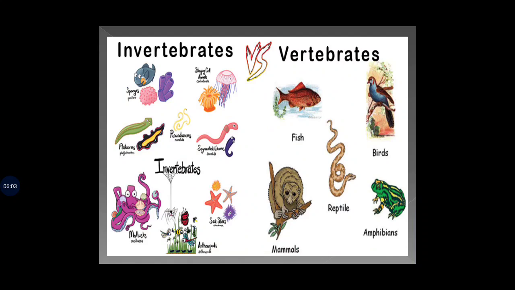The main difference between invertebrates and vertebrates is that invertebrates do not have a backbone. The body is completely muscular. At the same time, vertebrates do possess a backbone.